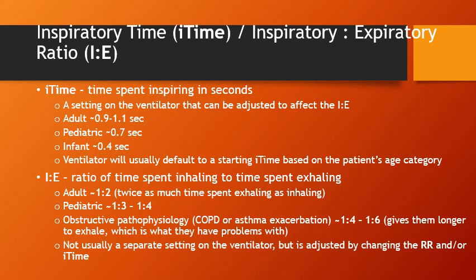But what you do need to know is these I/E ratios and how we can adjust the I time to change the I/E ratio to match what our patient really needs. So we will do some practice with this, and hopefully it will make more sense then.